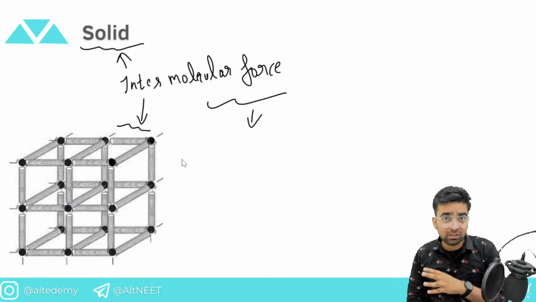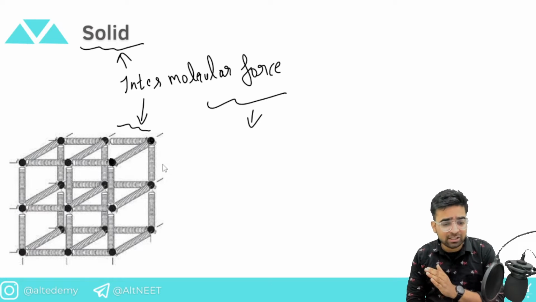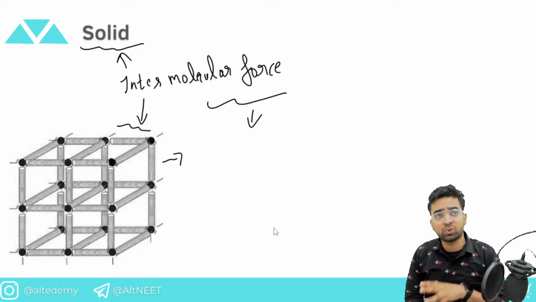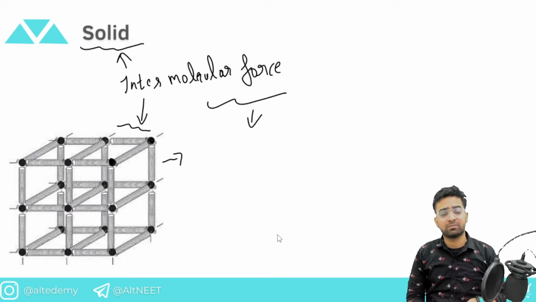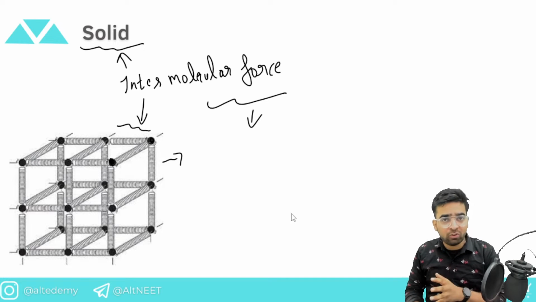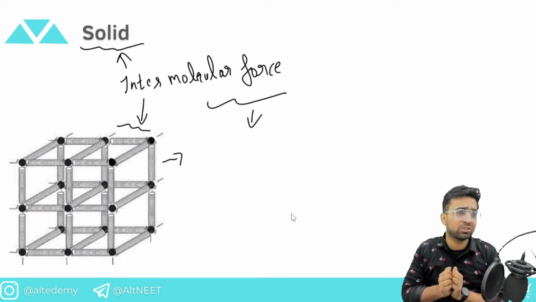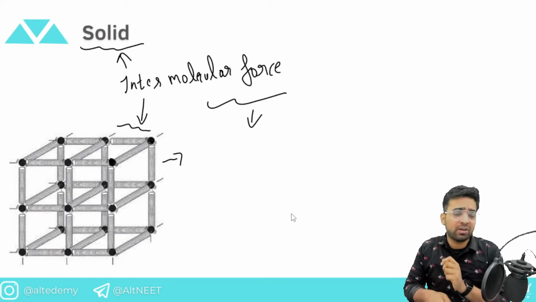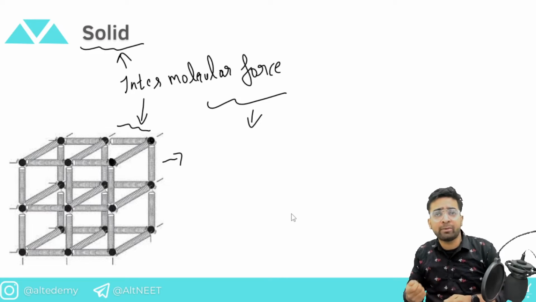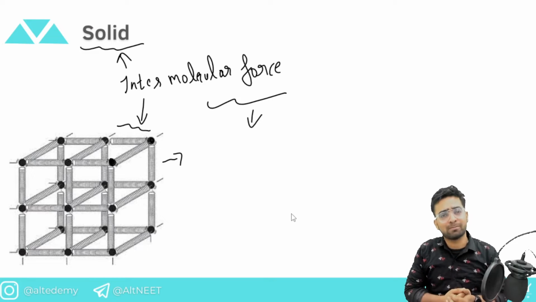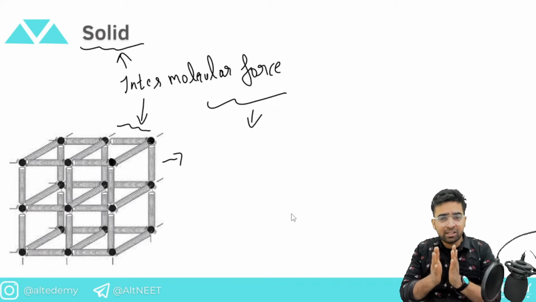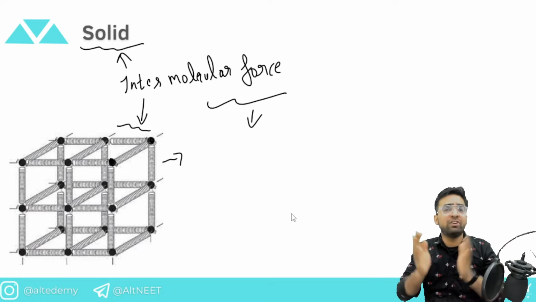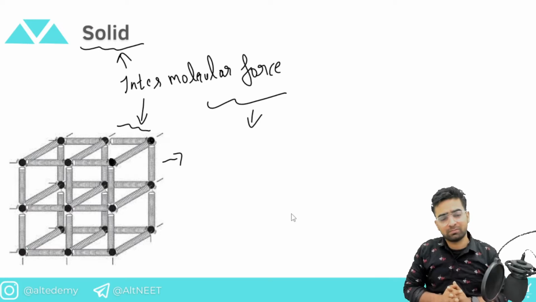Intermolecular force acts like a restoring force in a solid. You can draw the analogy of the intermolecular force with a spring system. Compress it, it goes back to its original shape. Extend it, it goes back to its original shape.